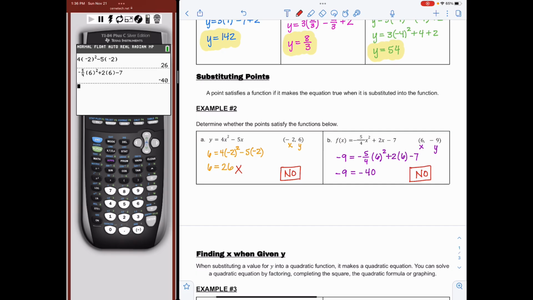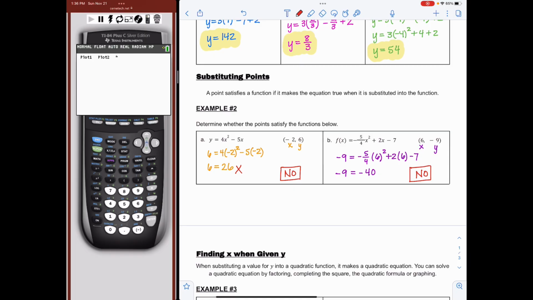Another way that you could have done this is if you were to type in these functions into your y equals, you would have had y is equal to 4x squared minus 5x, and you could have looked at the table. So for part A, the x value was negative 2. So if we go to negative 2, we see that the y value is not 6, so that will let us know that that point does not satisfy the function.